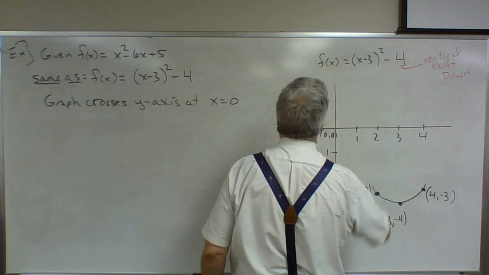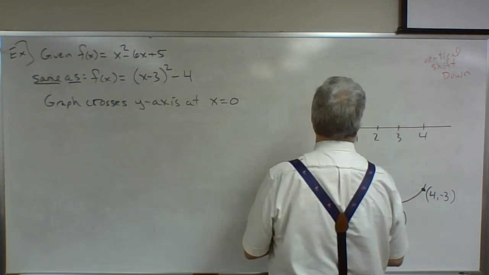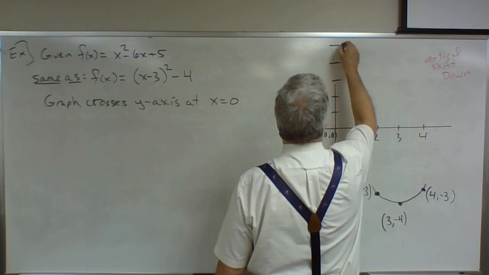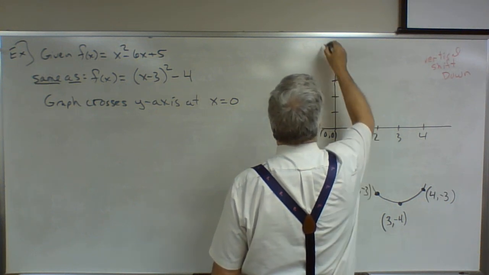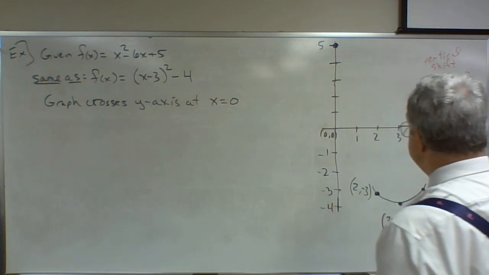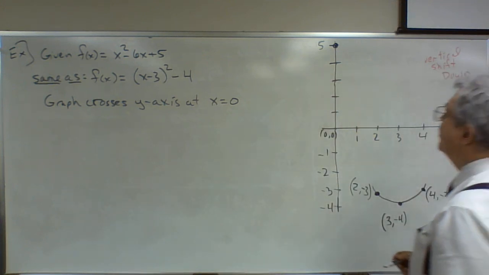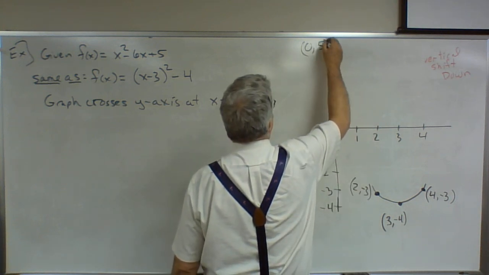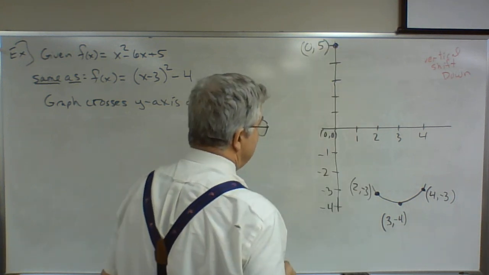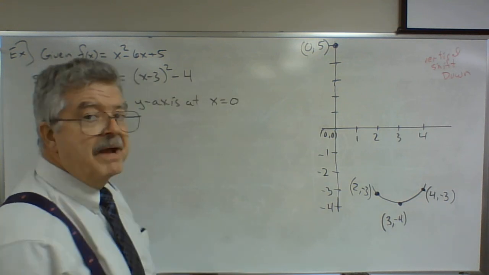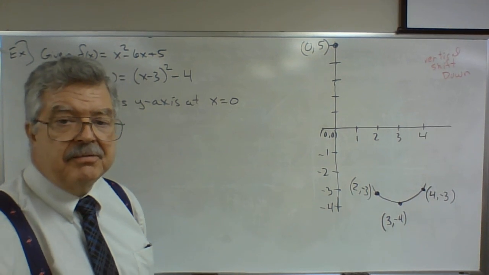Holy moly. 1, 2, 3, 4, 5. That's a point on the graph. The y-intercept. So x equals 0, y equals 5. Well, what about the x-intercepts?